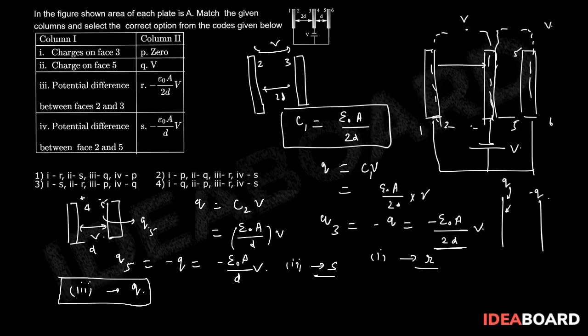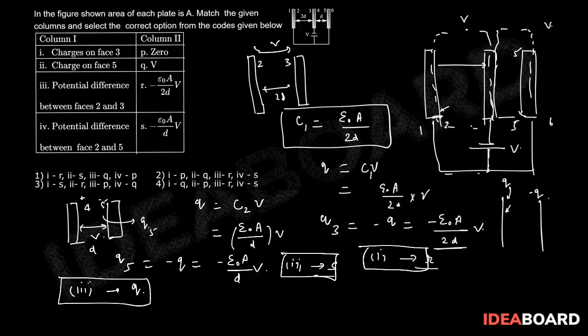So this is one box, this is another box, and this is the first box. Now they are asking about fourth, potential drop between phase 2 and 5. So this is phase 2 and this phase is 5, correct? Now you can see this battery is connected along this, positive terminal is connected.